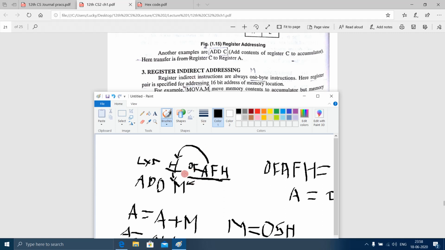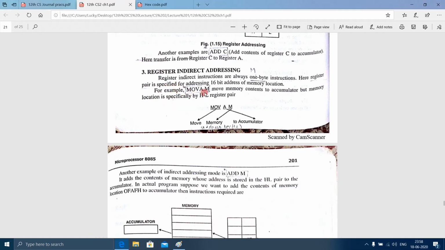And LXI H, 0FAF means the contents of the memory location will be stored in memory M. Now, for example, MOV A, M: move memory contents to accumulator.